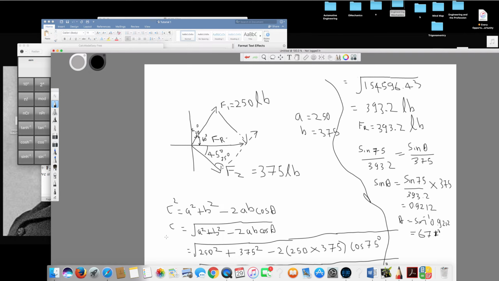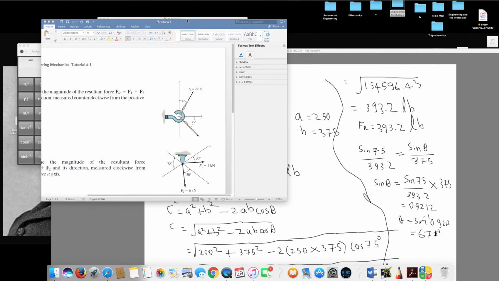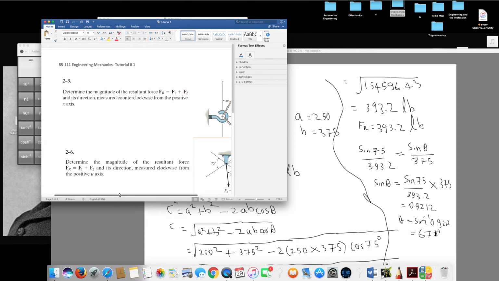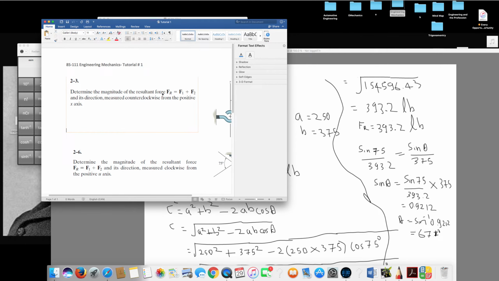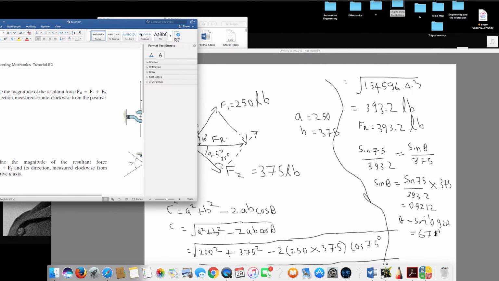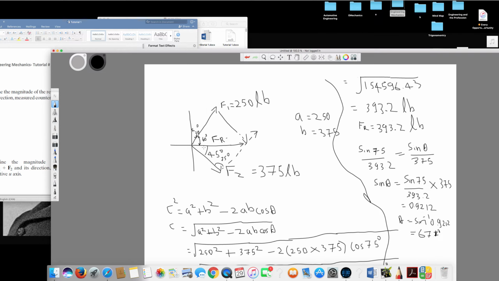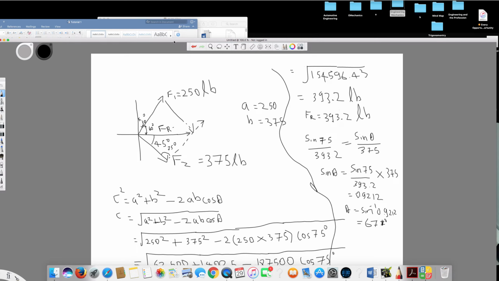Let's see the question again. Determine the magnitude of the resultant force F1, F2 and its direction measured counterclockwise from the positive x-axis. So it says 67.1 degrees, and the question asks counterclockwise.